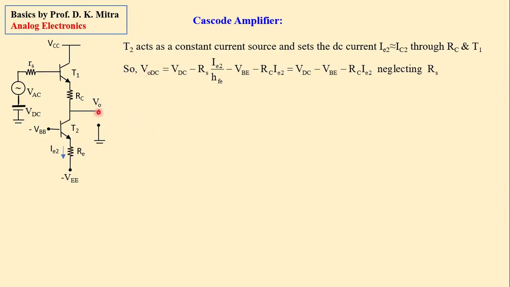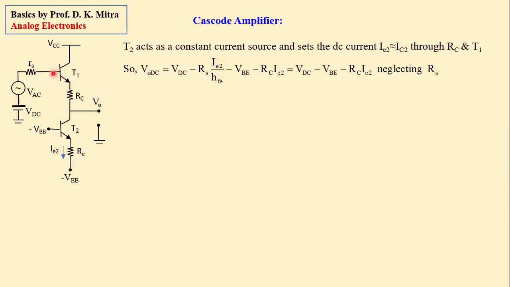DC output here is VDC minus this resistance RS, and there is a resistance at the junction here, HIE, and this RS, and you know this current here is base current IB, and there is a collector current or emitter current IC or IE. There is a ratio of HFE.